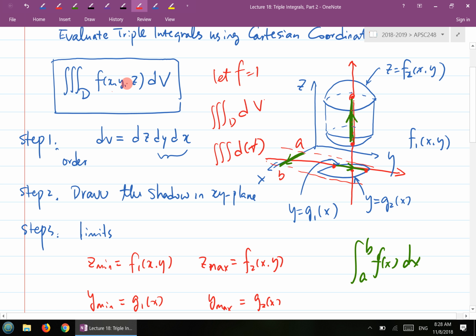Yeah. Okay. If f of x, y, z is a density function, it would be mass per unit volume, right? Density is mass over the volume, basically. Density times volume gives you a small mass, right?